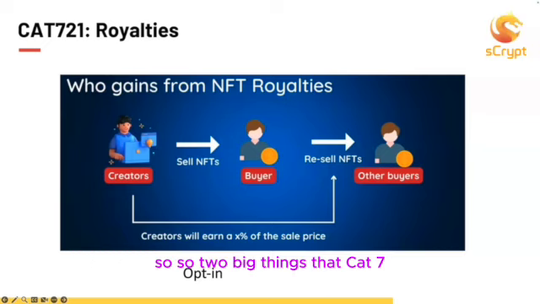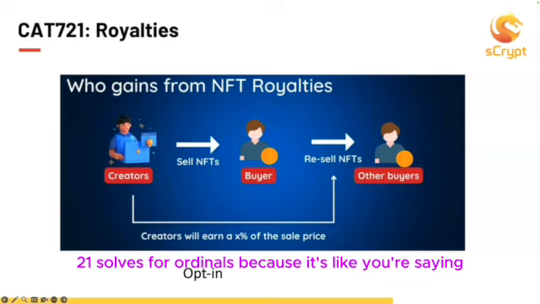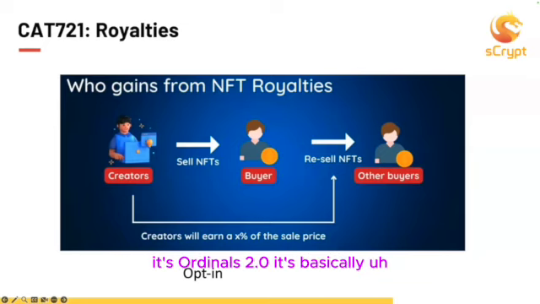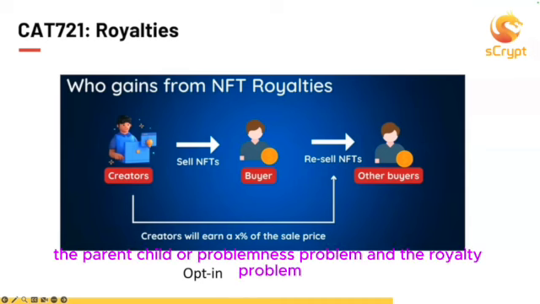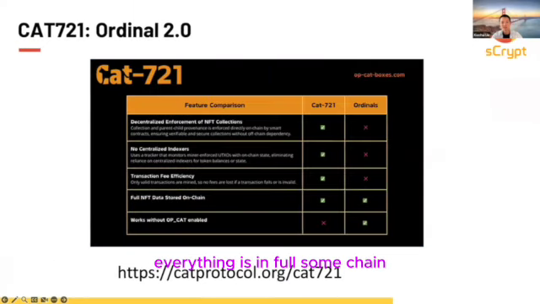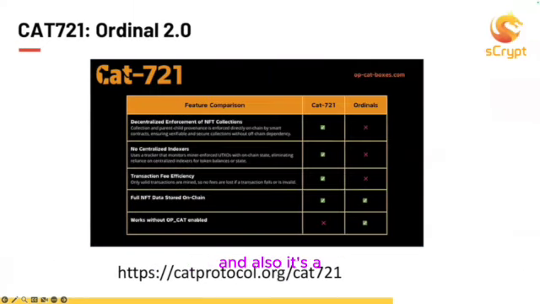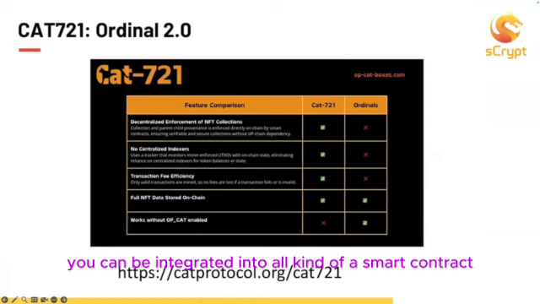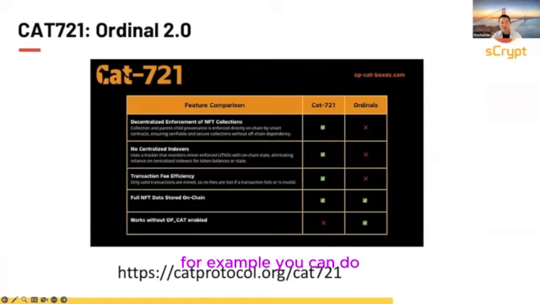Okay. So two big things that CAT 721 solves for Ordinals, because it's like you're saying it's Ordinals 2.0. You said the parent-child or provenance problem and the royalty problem. Anything else? I think also you don't need an indexer. Everything is enforced on chain, and it can be integrated into all kinds of smart contracts. For example, you can build a DEX pretty much.